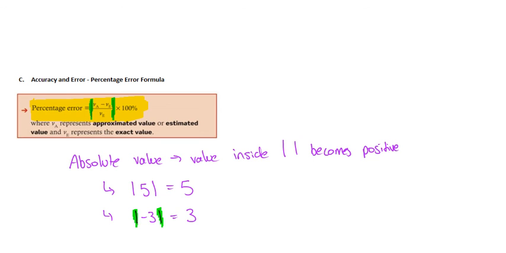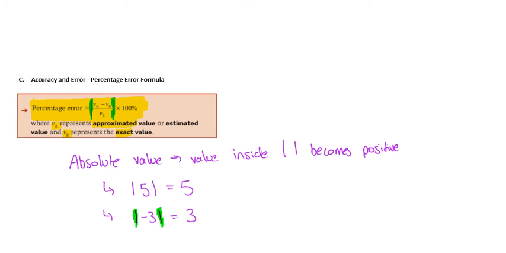Whatever is inside those bars becomes positive. So that's really important to remember when you're applying this formula. Other than that, you just apply it as it's written, follow order of operations, and remember that VA is approximate and VE is exact. And it does tell you that in the formula booklet as well, so just make sure you're reading carefully when you're doing it.